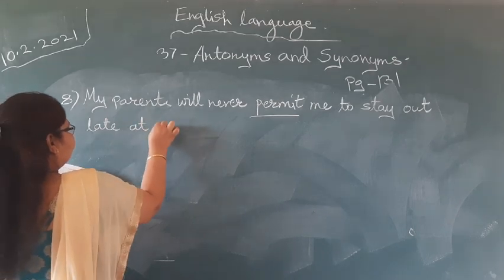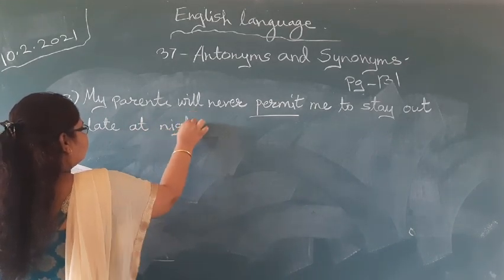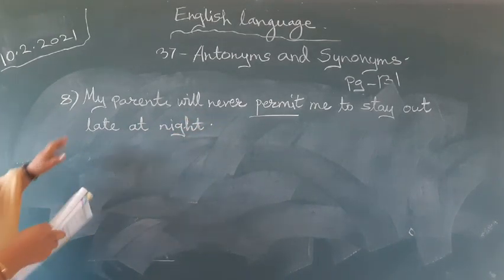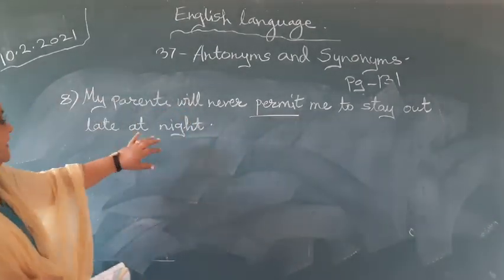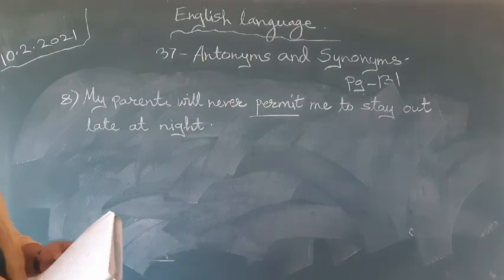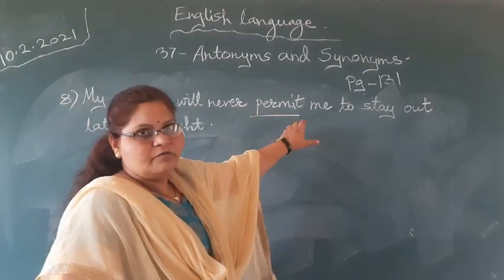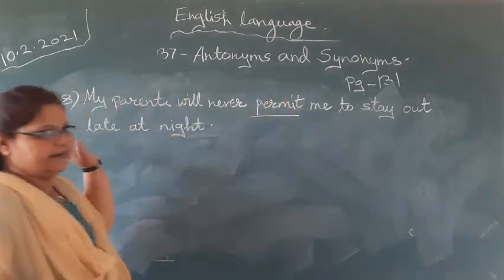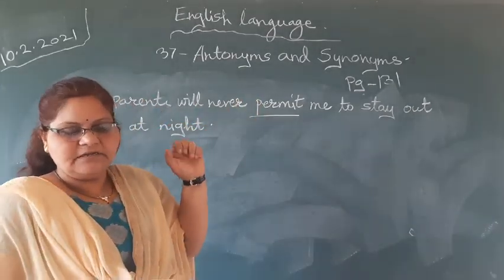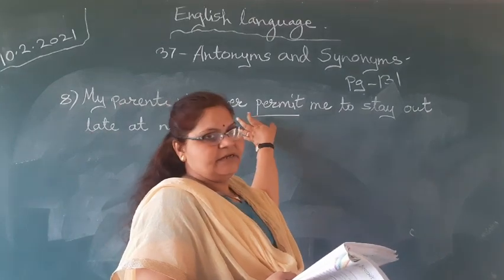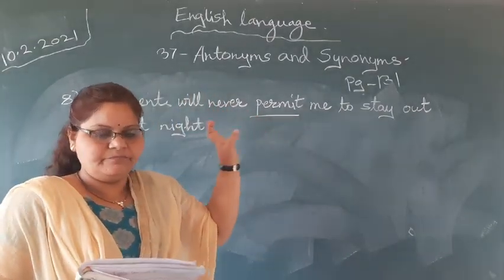Late at night. Meaning of the sentence is, my parents will never permit me to stay out late at night. So the parents are not going to give the permission to stay out at night. This is the meaning of the sentence. The word underlined here it is permit. As I told you, permit meaning it is anumati.